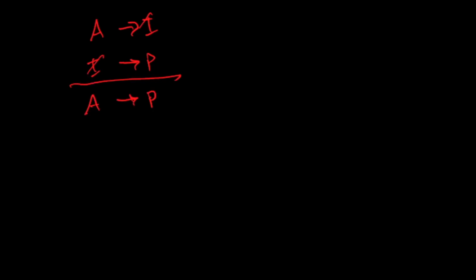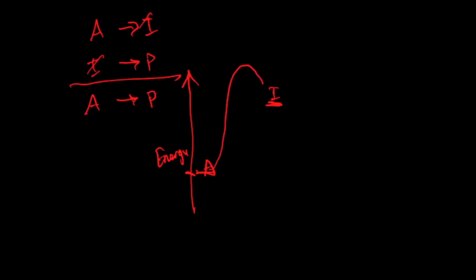So the way you draw a reaction profile diagram for that is, this is the energy. This is A, and this is its energy. But A goes to I, an intermediate. This would be the intermediate right there. In order for A to go to the intermediate, it still has to undergo an activation barrier.